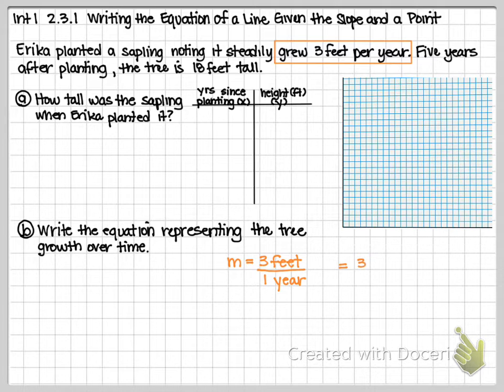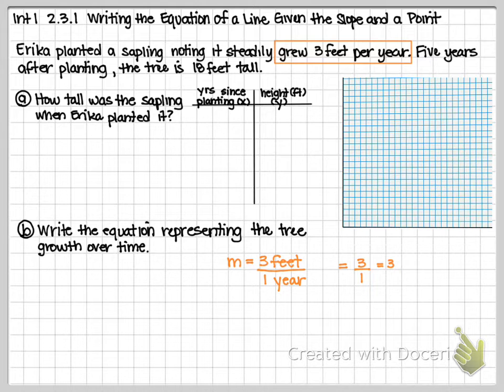I know that I can simplify that to 3/1, which I think is going to help me when I graph. And then when I write the equation, I think I'm just going to use the 3 without the 3/1. So I'm writing all these different versions of slope because I think they're going to help me at different stages or as I'm going through and doing different parts of the question. Okay, so that's the first thing.